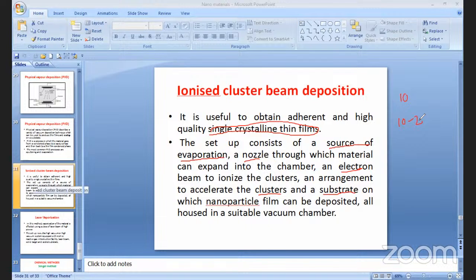The nozzle needs to have a diameter generally larger than the mean free path of atoms or molecules in vapor form in the source, to form these clusters.